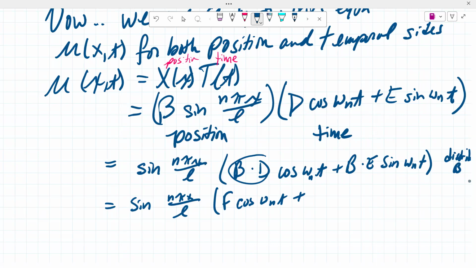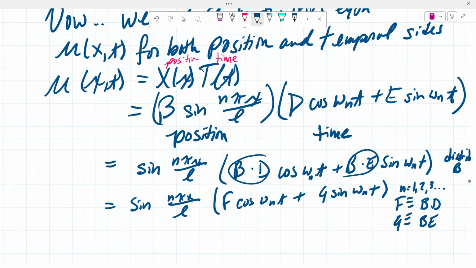Plus, and now these two I'm also going to combine. G sine omega sub n t. This is for n equals 1, 2, 3. It's actually always been like that, where f is defined to be bd and g is defined to be be.